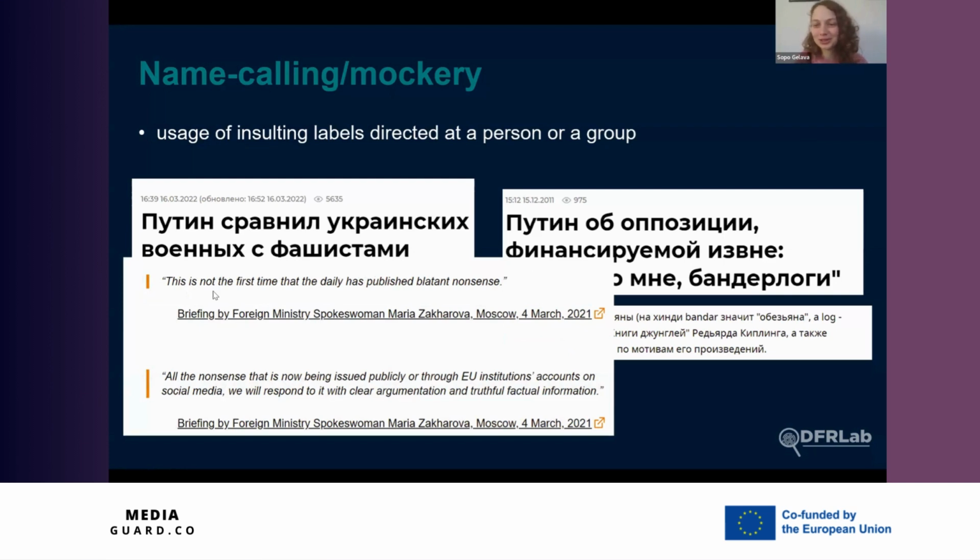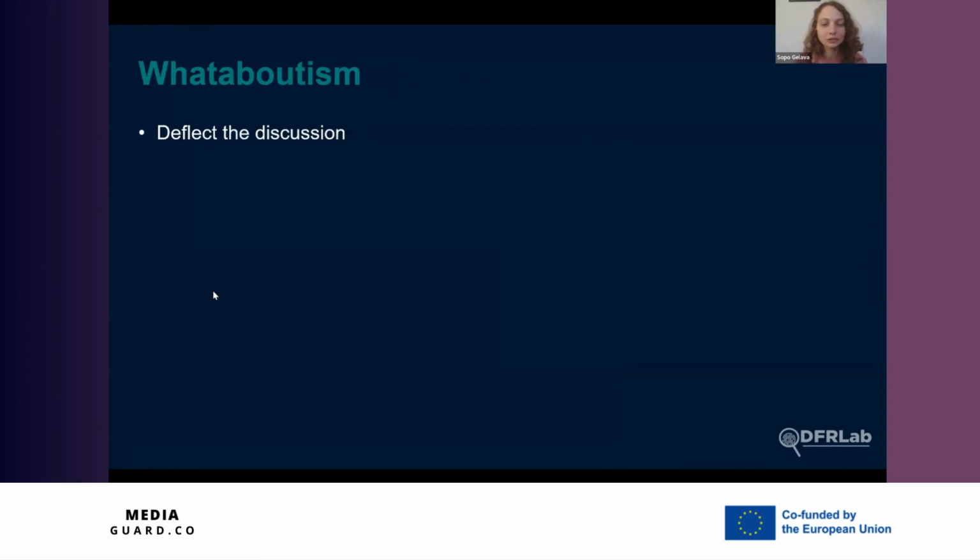You will have dozens and maybe hundreds of examples of this nonsense and blatant nonsense as a keyword used to frame the opinion about a certain topic and certain action. So this name calling, mockery, insulting, and these labels are one of the tactics very frequently used by domestic and foreign actors, and in this case, Russia.